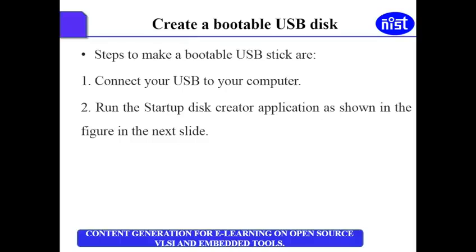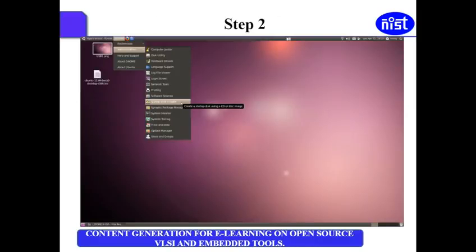And the next is how to create a bootable USB disk. The steps to make a bootable USB disk are: connect a USB to your computer and then run the startup disk creator application as shown in the figure. In this, you go to System, then to Administration, and then move to Startup Disk Creator.